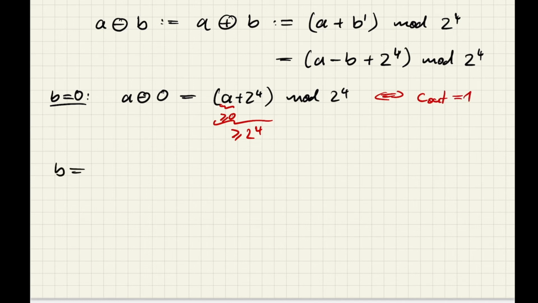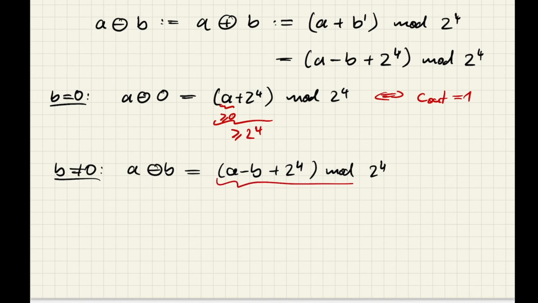For B unequal to 0, then it's positive. A circled minus B equals A minus B plus 2 exponent 4 mod 2 exponent 4. Now this here equals A minus B if and only if this here is non-negative.